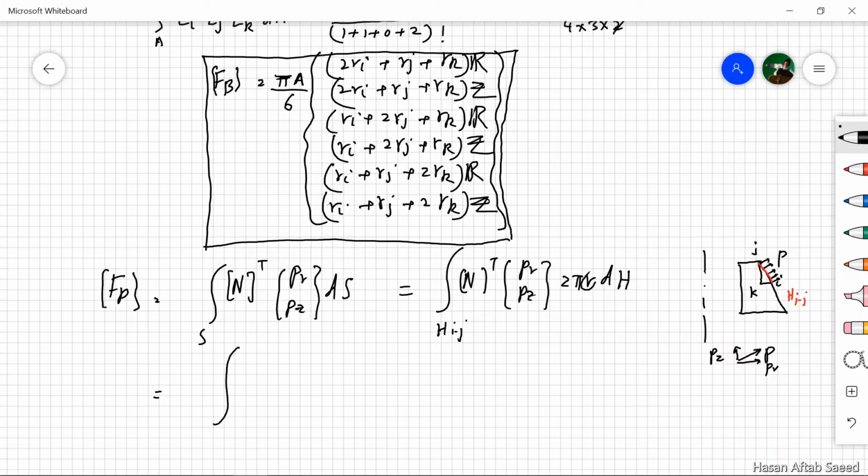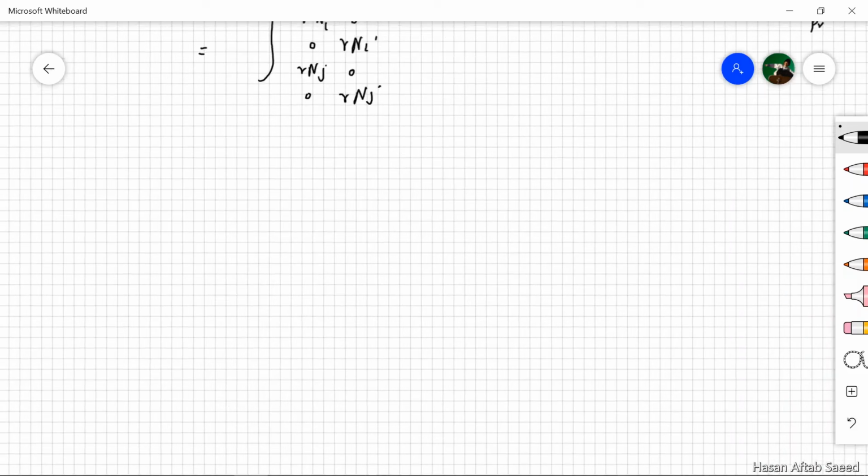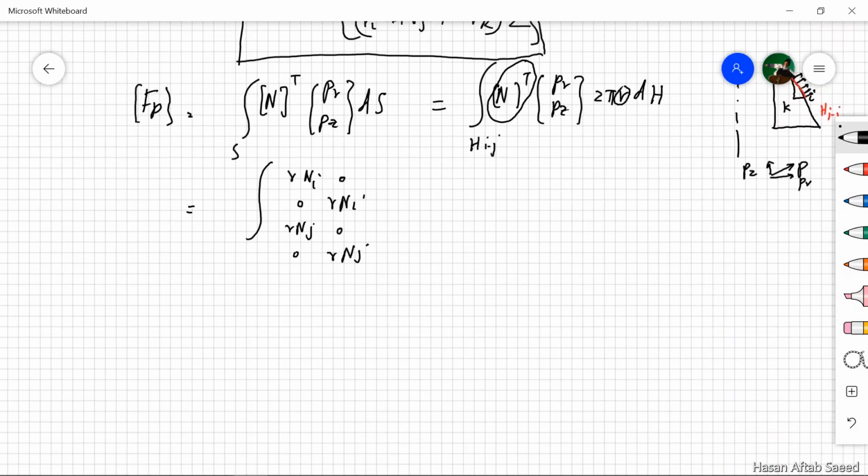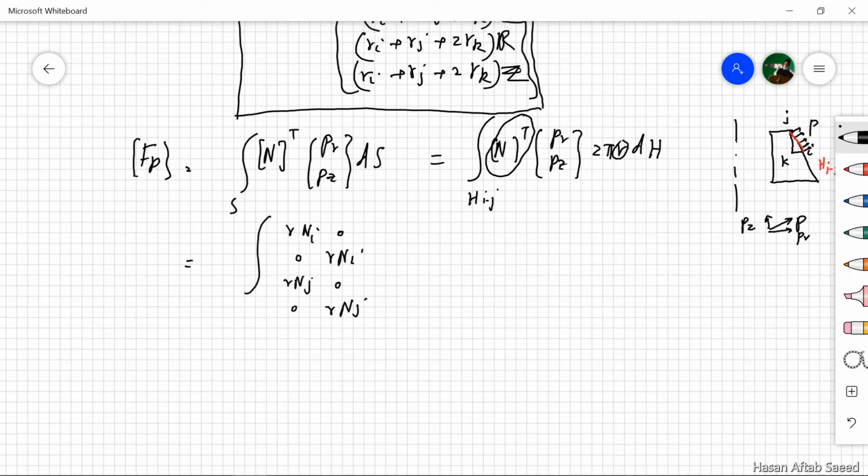One more consequence of this k having nothing to do with pressure force is this. Using this r value and opening up the product of r and n values, we get r ni, r ni, r nj, r nj, and then we have 0.